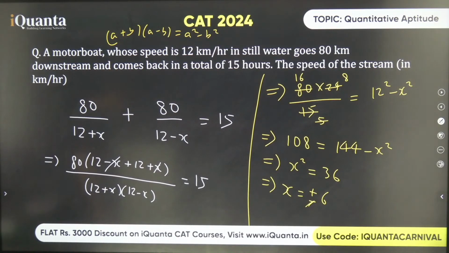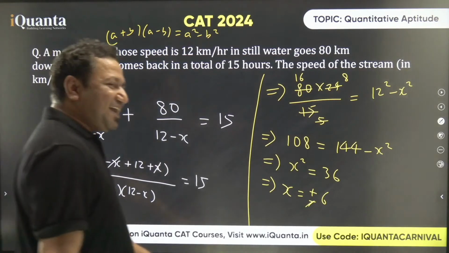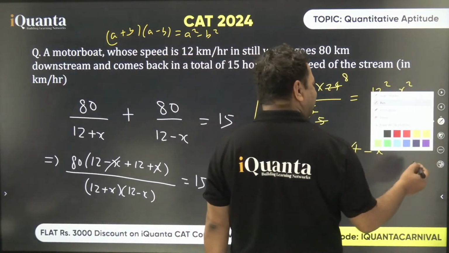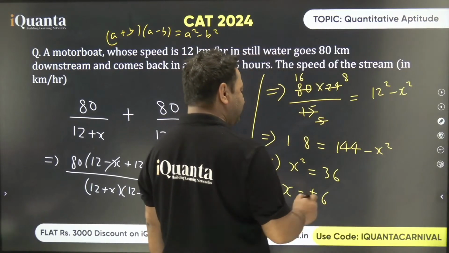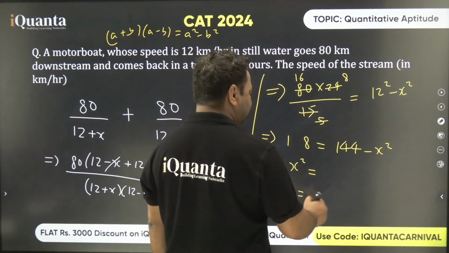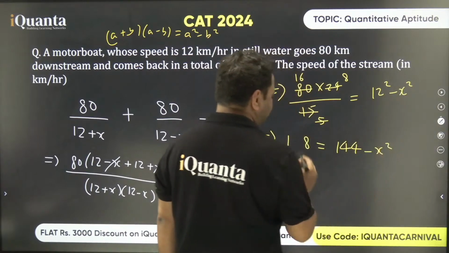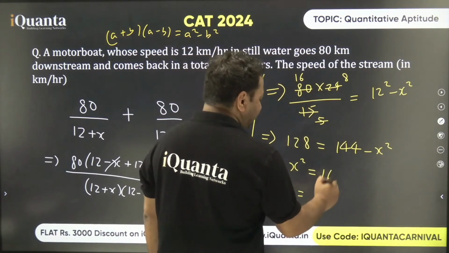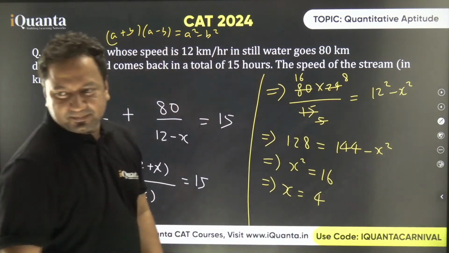I made a mistake. It's 108. Sure? Neither is it 108 nor 118. Calculate properly. It's actually 128. Isn't it? It's 128. There's 16, so we have 4 as the answer.